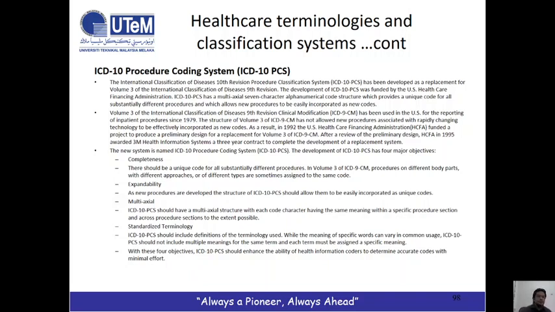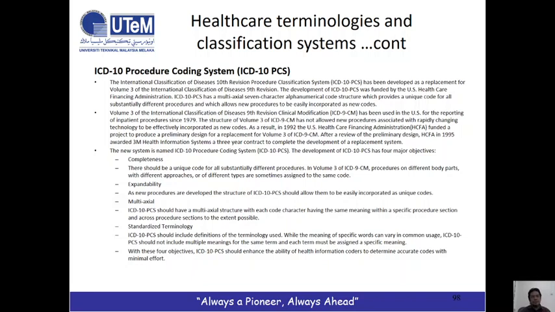So when you go to the hospital, when the doctor orders laboratory tests, or radiology, or operation theatre, or an operation, they involve a lot of procedures.